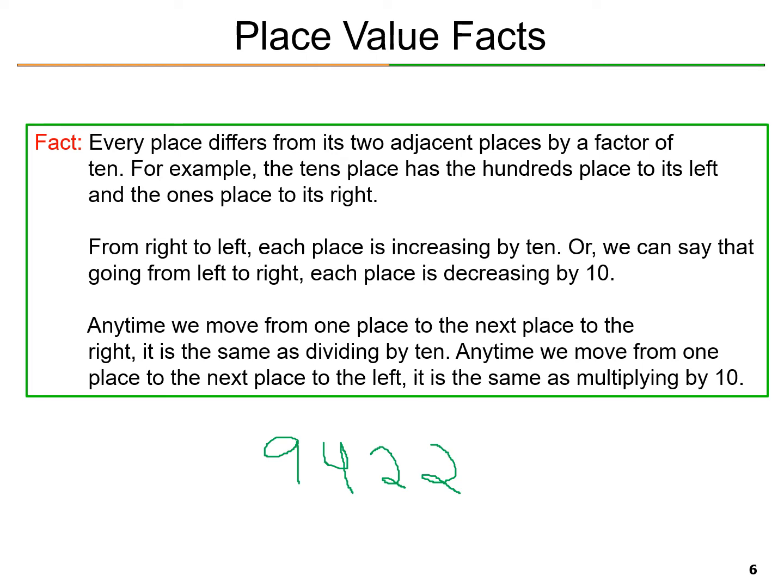So what we're saying here is the tens place has the hundreds place to its left and the ones place to its right. So this is the ones place, this is the tens place, and this is the hundreds place.